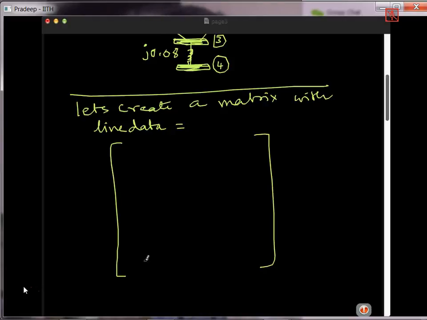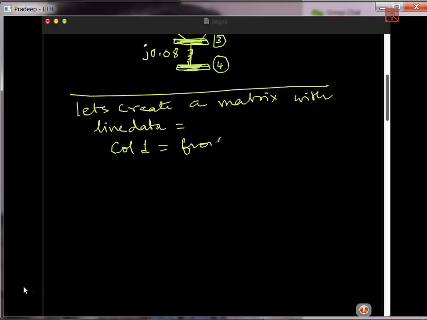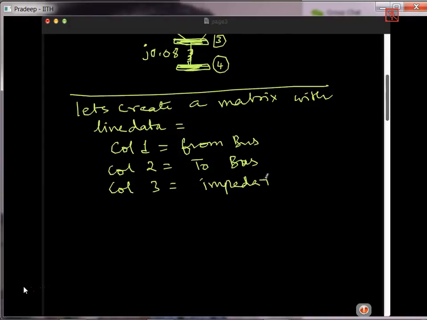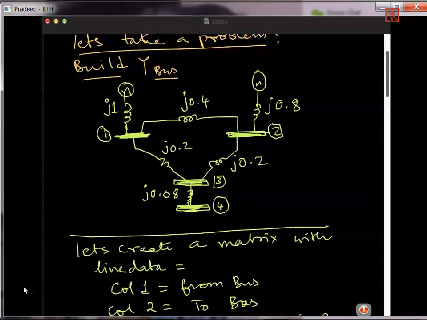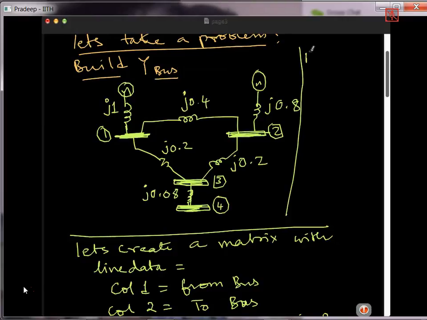The first column will be from bus, column 2 will be to bus, and column 3 will be impedance in per unit. So let me use this space here: from bus, to bus, and impedance.